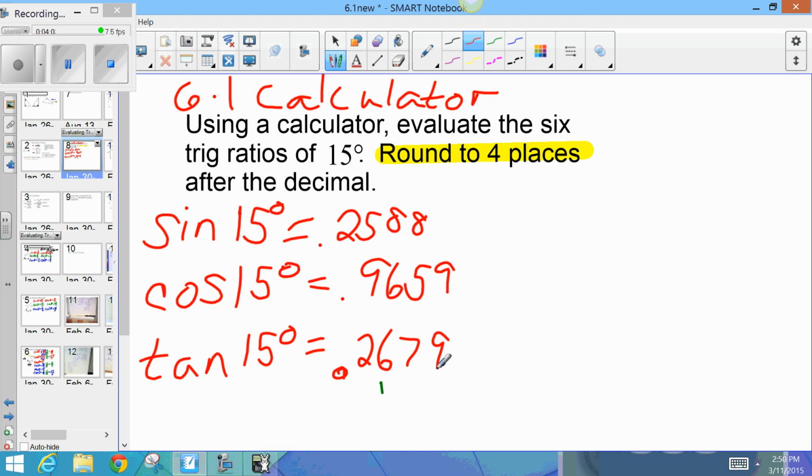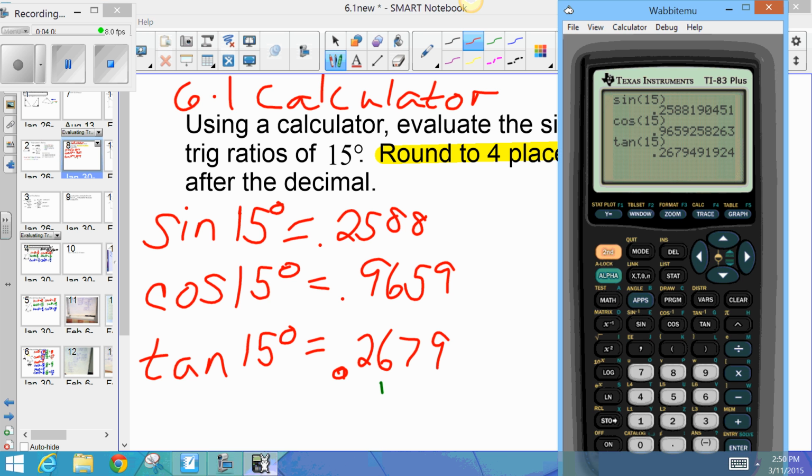Okay, now the reciprocals. There are no buttons for them, okay? So this was something that might be a little harder to remember, and you haven't learned this in science class.